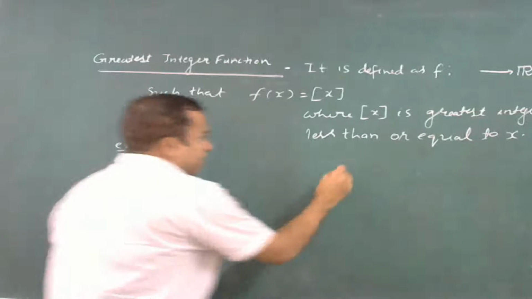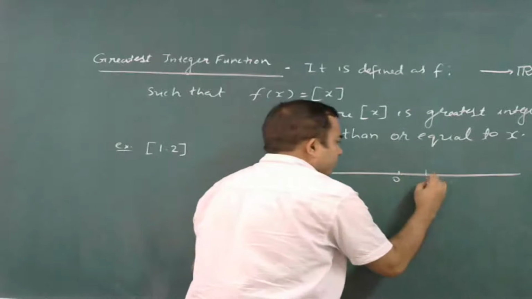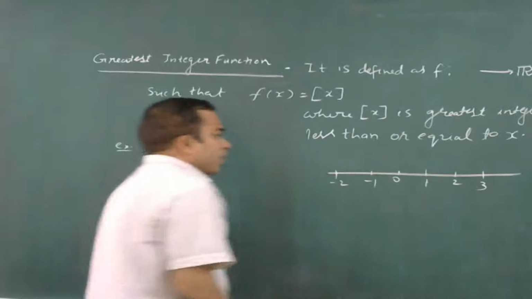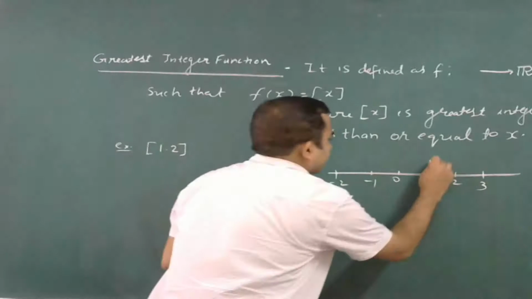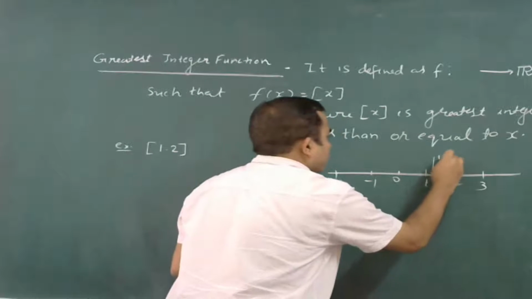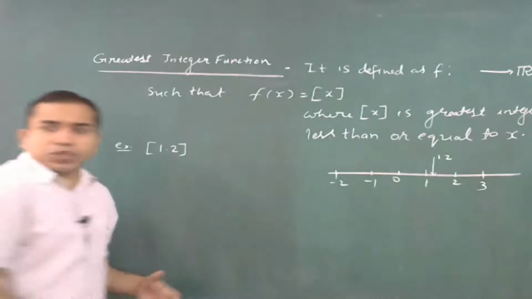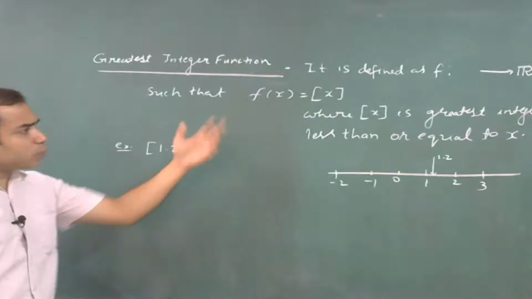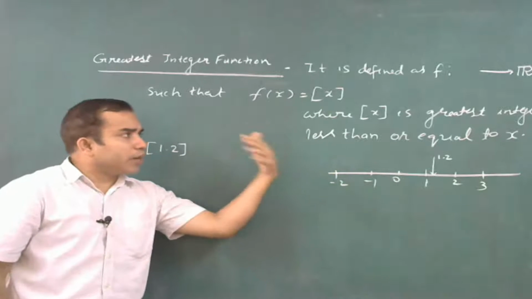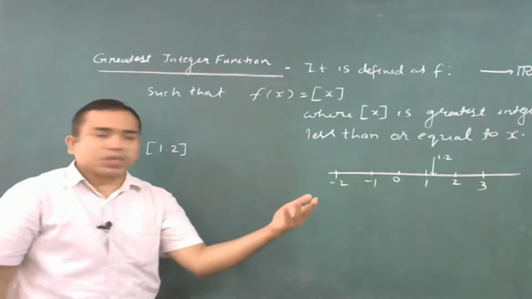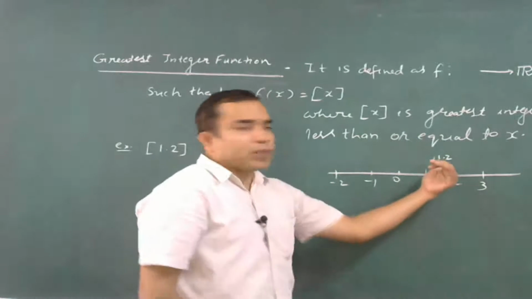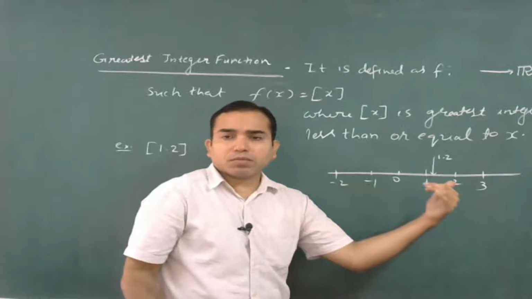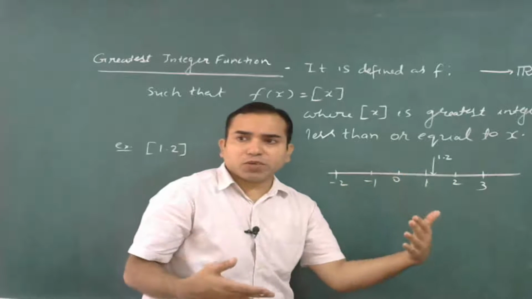So you see the number line, 1.2 is here. As per the definition, it is equal to the greatest integer less than or equal to x. So which integers are less than 1.2?